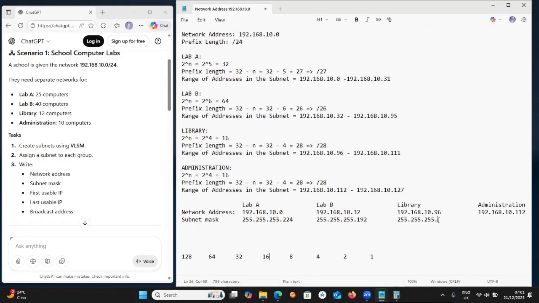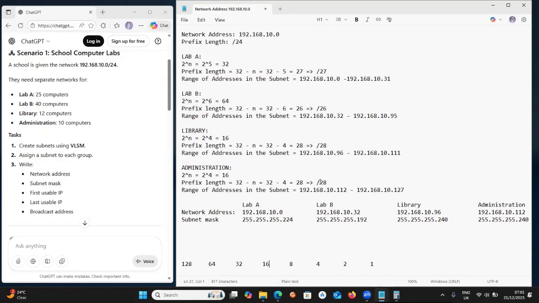So .240 is the last octet. Now, for administration, it is still 28, so it has the same subnet mask, 255.255.255.240.